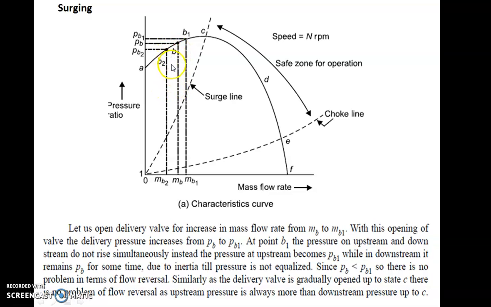When it is falling from B to B2, the pressure PB2 is less than PB, and because of that there is a reversal of the flow. PB is greater than PB2, that's why the flow goes back. Instead it should go up. The flow takes place in the reverse direction.